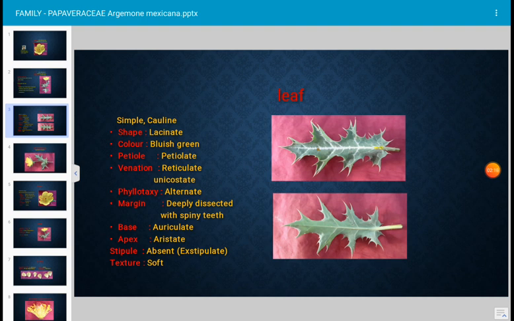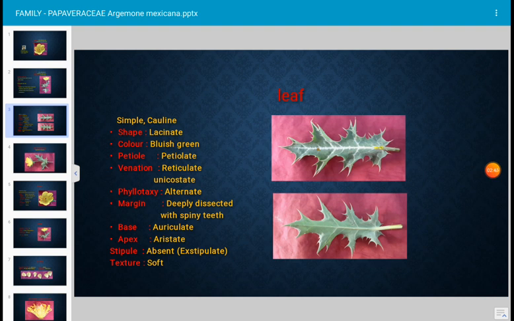What is the laciniate shape? Having edges irregularly slashed. The color of the leaf is bluish green. The leaf has a stalk-like structure, that is petiole. Hence, in taxonomic language, it is described as petiolate leaf.